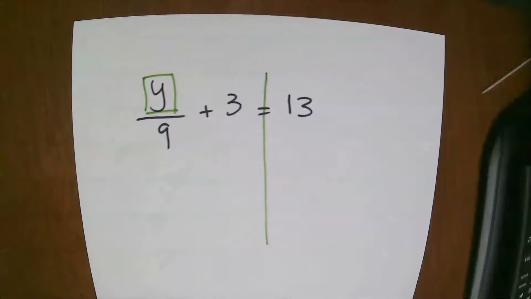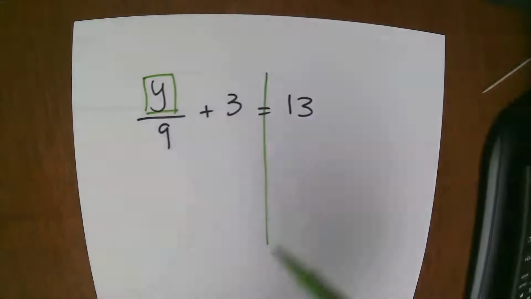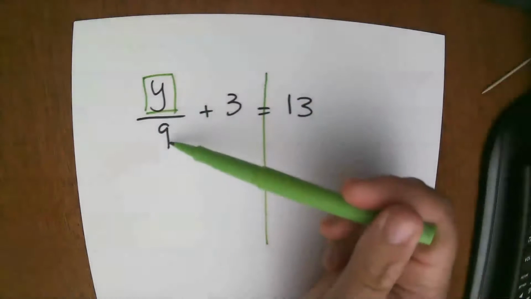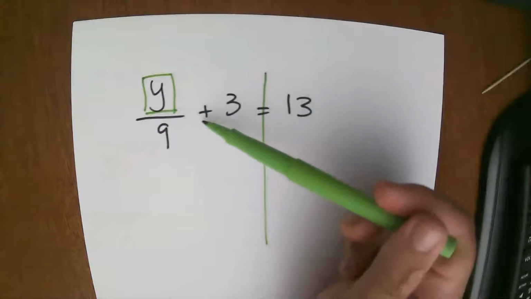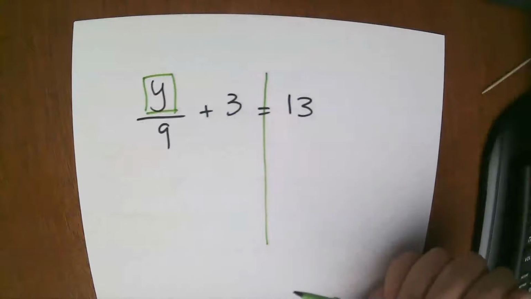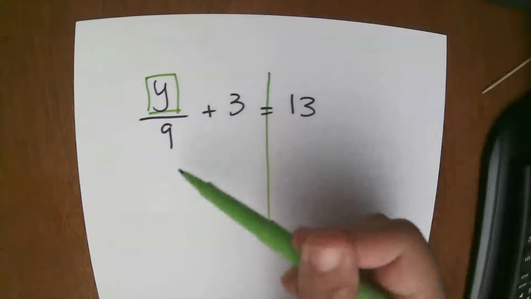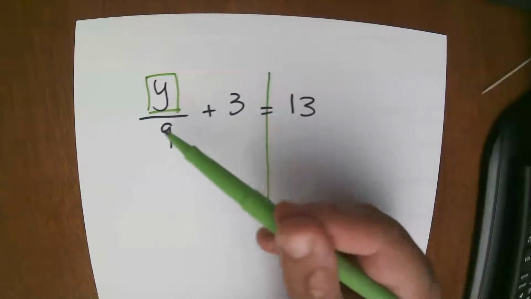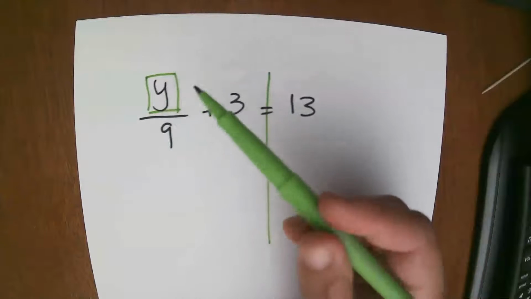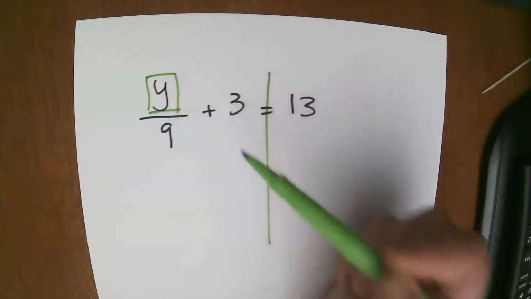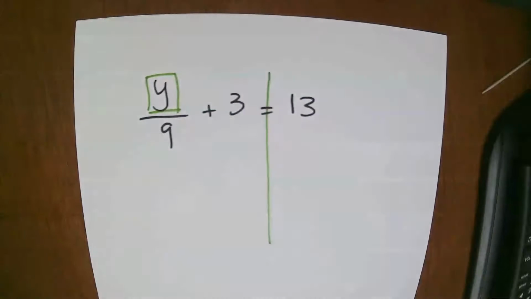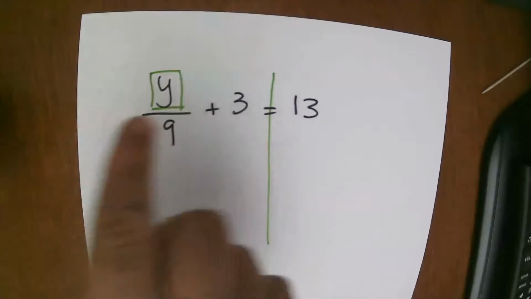Step 2, box the variable. Okay. Y is not in a good mood because he's got a 9 under him or her, and we have a 3 being added to it. So we got to start helping y out, right? So which number do you think we can move over first? This 9 that's super close to y, or this 3 that's kind of on its own?